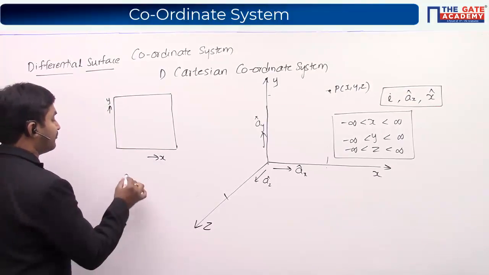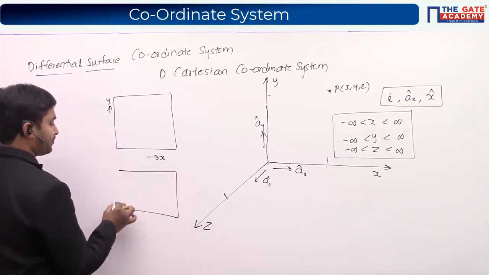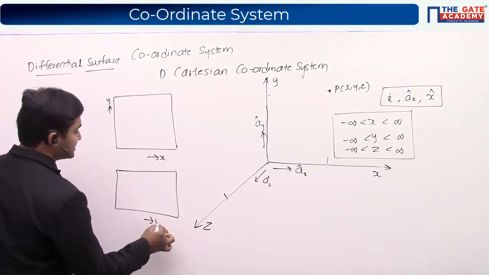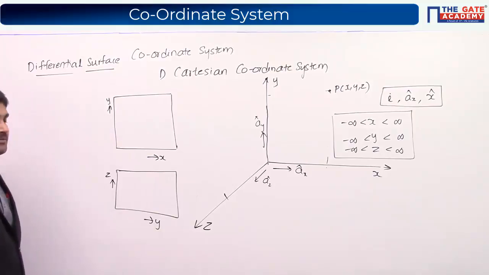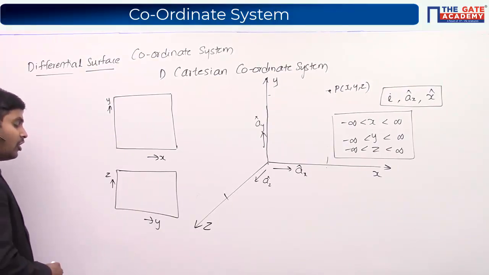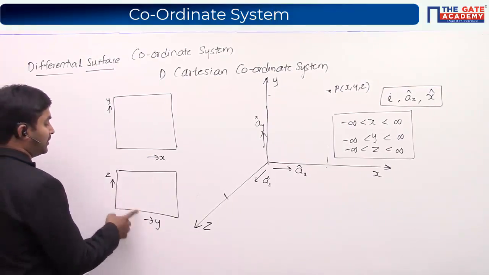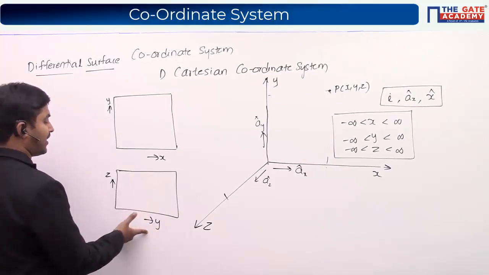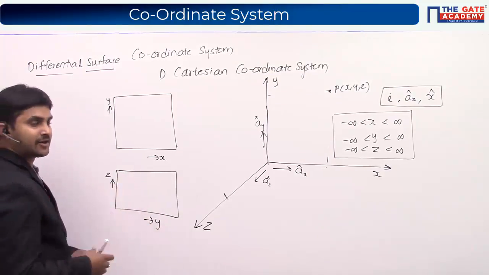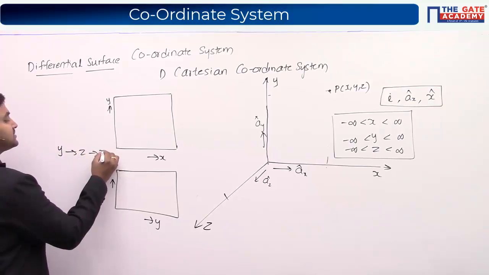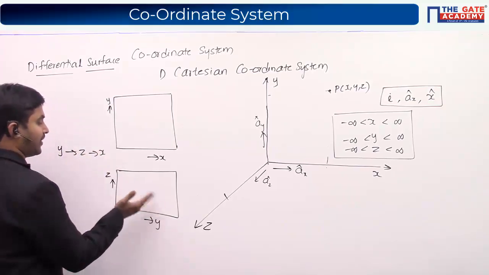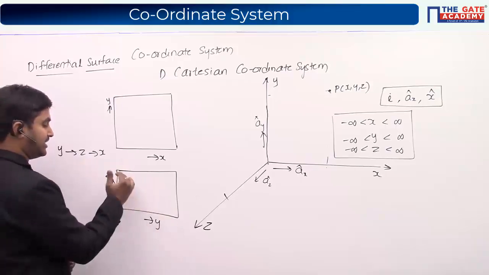So if I talk about a yz plane, then the normal, which is perpendicular to the surface, follows y, z, x. After y comes z and after z comes x.